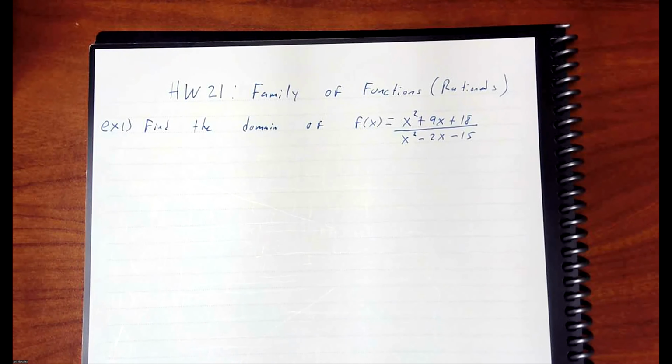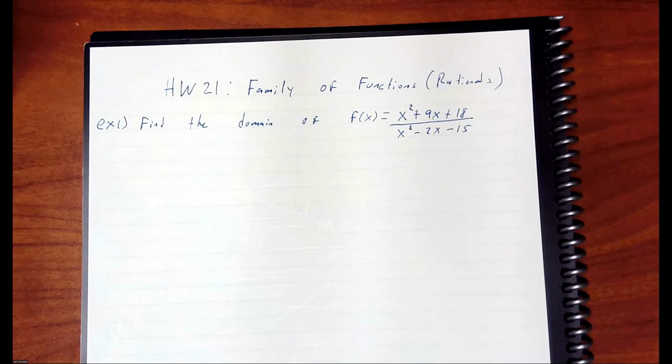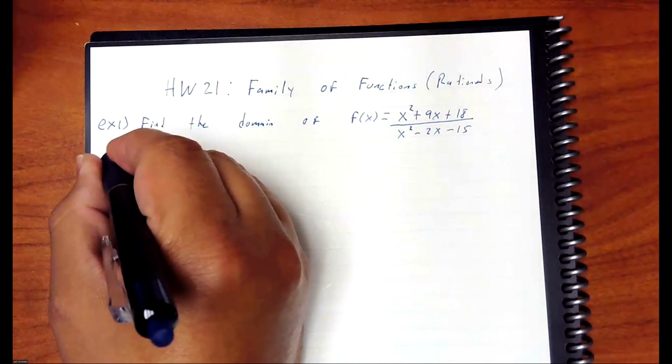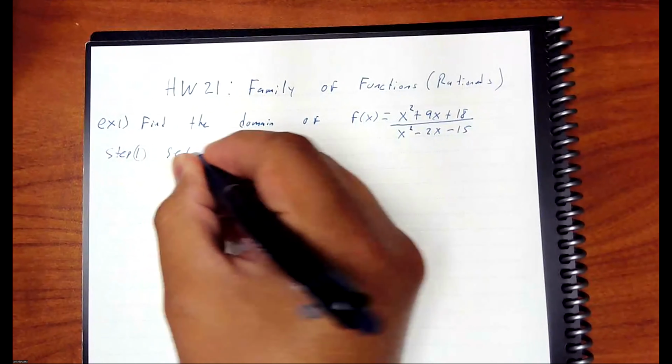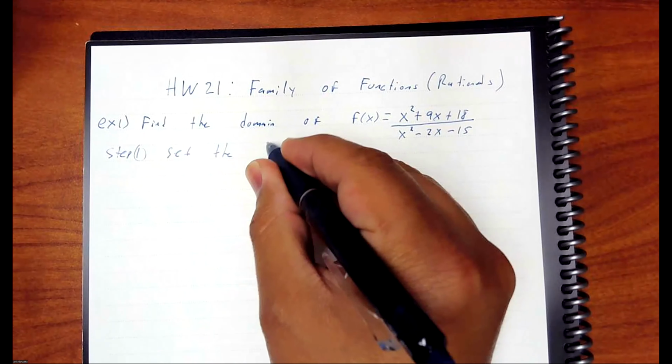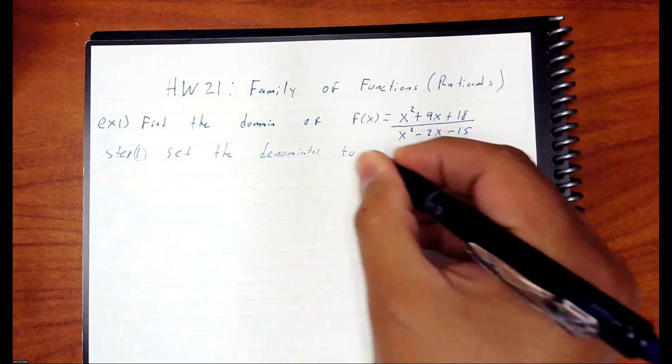That's probably the first thing you need to look out for. So find out, does this thing ever have a value that makes it 0 on the bottom? So step 1, set the denominator to 0.